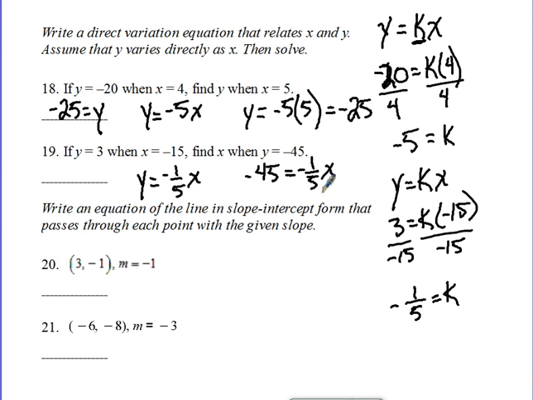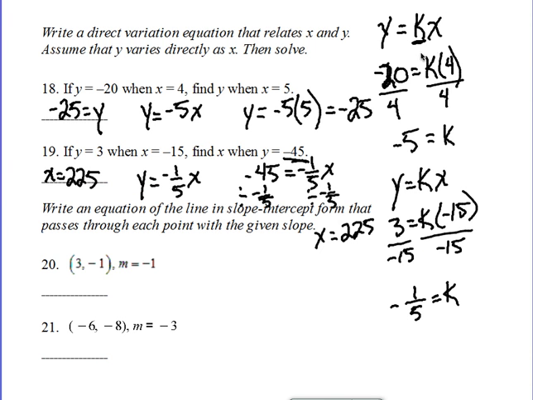So if I divide by negative 1/5 on both sides, and you can either do it in your calculator, it's going to be 45 times 5, or 45 divided by 1/5, and we find that x equals 225. So x equals 225 when y equals negative 45, because negative 1/5 times 225 equals negative 45.